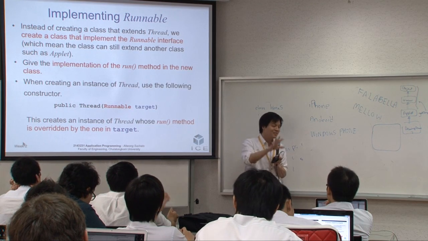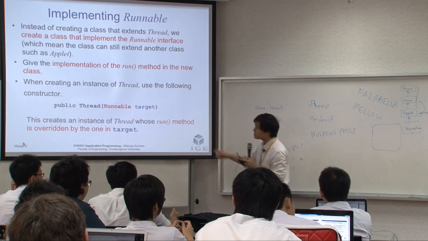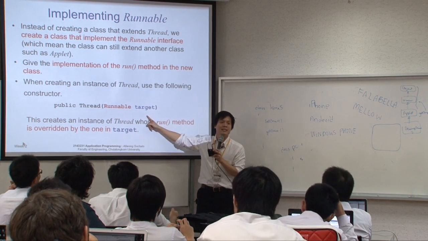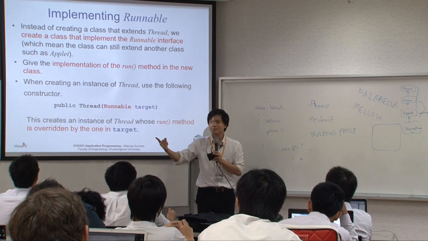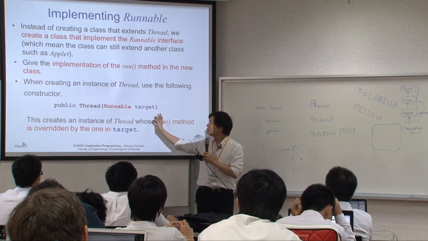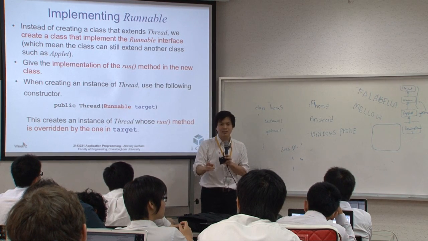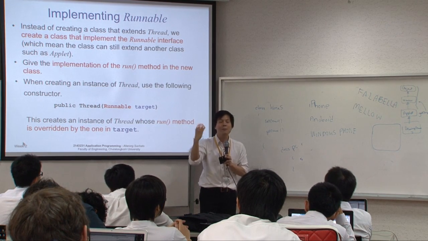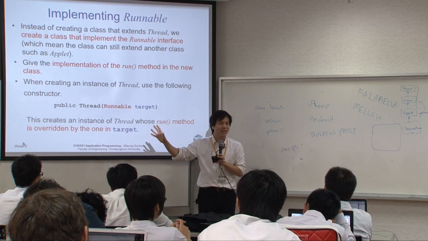Okay, this is a bit confusing, so I will repeat that again. What we expect target to be is an object. An object must have a type, so this object belongs to some class. Any class will work. It could be an applet, it could be a rectangle or whatever that you define.